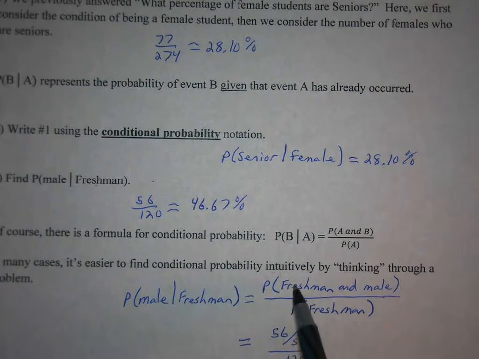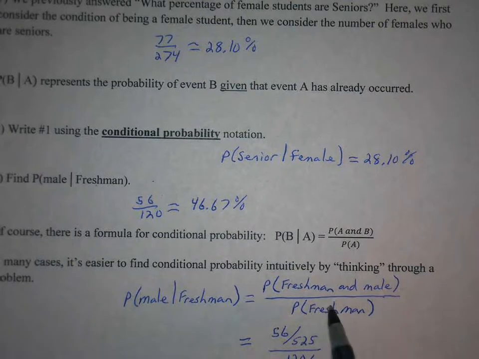So probability of freshman and male divided by probability of A, which is, again, the second thing in the parentheses, which is freshman.